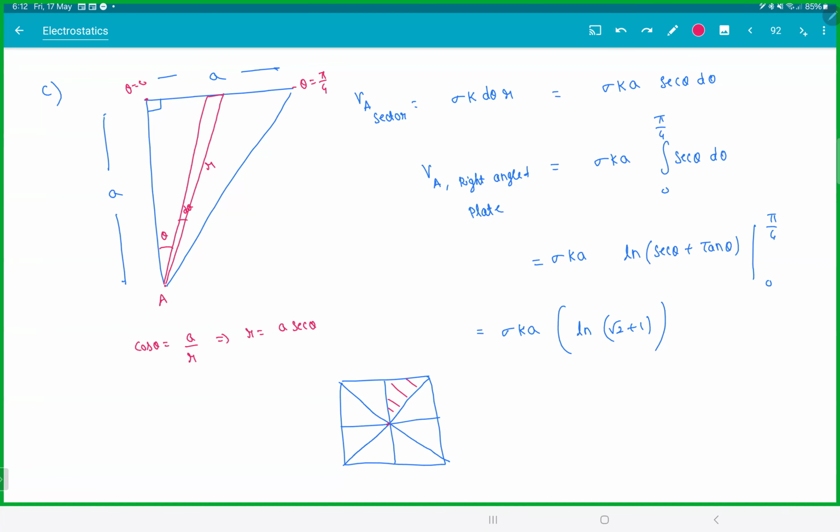Let's call the center O. We can't do it by 2 triangles; you can, but then the limits will also change. I just took one simplest triangle here, nothing else. So then the potential at the center would be 8 times sigma K A ln root 2 plus 1, because there are 8 pieces.